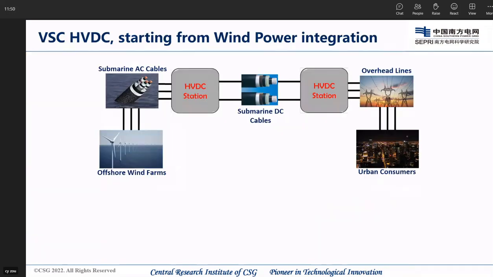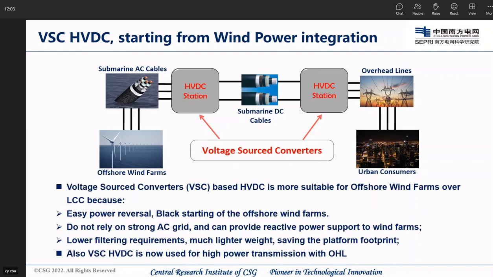VSC HVDC is short for voltage source converter based HVDC, and it appeared later than LCC HVDC. The VSC HVDC was first used in wind power integration. VSC HVDC is more suitable for offshore wind farms over LCC because, first of all, the VSC can reverse the power transmission direction without changing the polarity of the DC voltage.